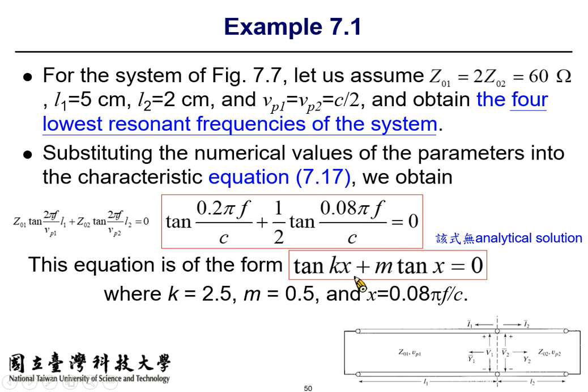Comparing the two equations, you can recognize that k equals 2.5, m equals 0.5, and x equals 0.08 times pi f over c. Now, c is 3 times 10 to the 8th.